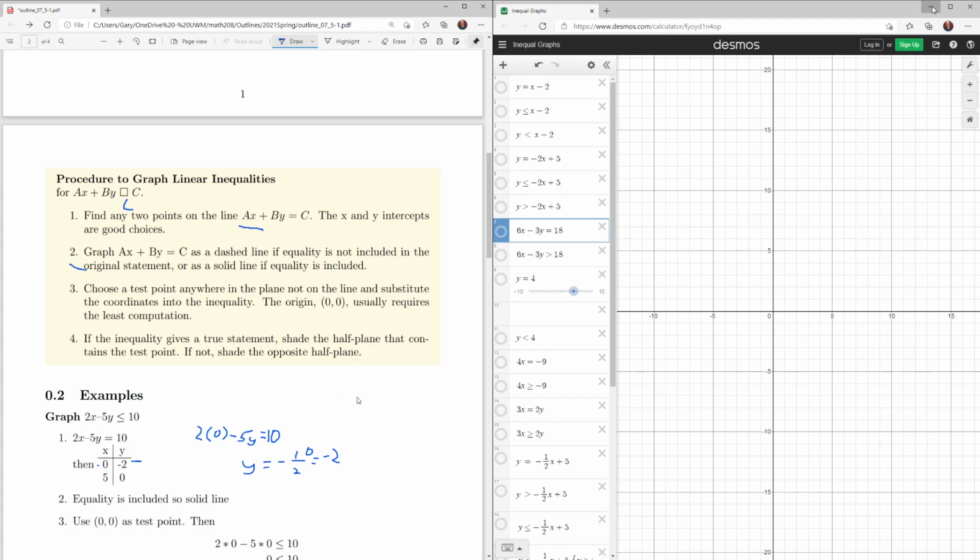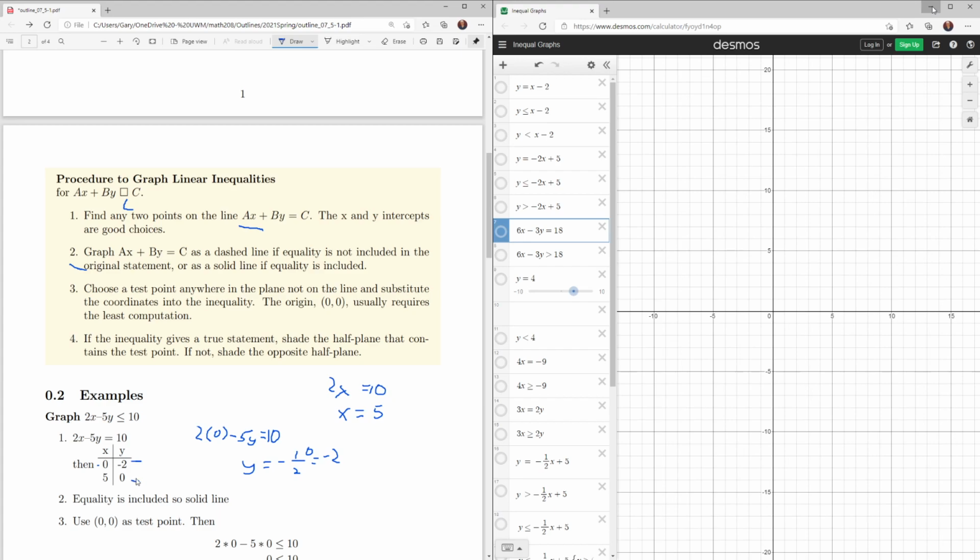Next, we set y equal to 0. And then we have 2x is equal to 10. How do we know that? 5 times 0 is 0. 10, sorry. Which means x is equal to 5. So now we have 2 points on our line: 0, minus 2 and 5, 0.